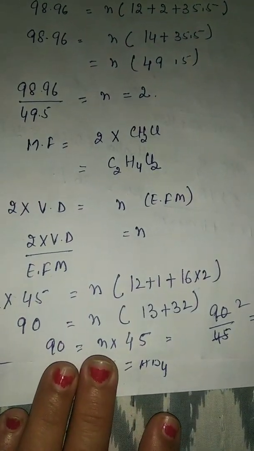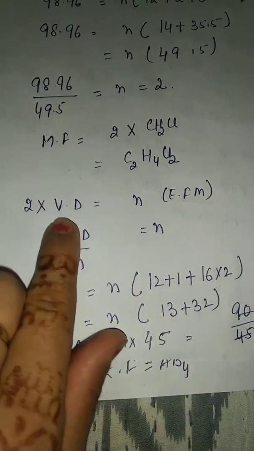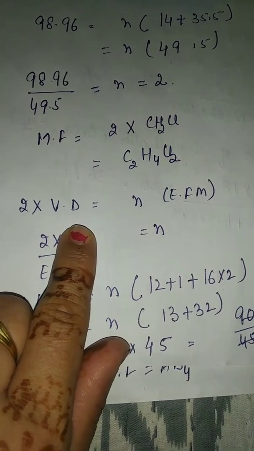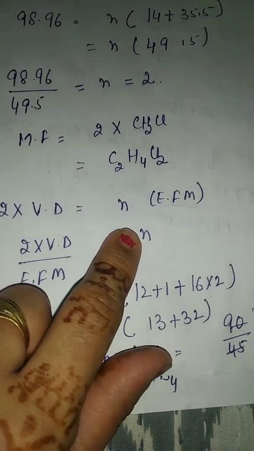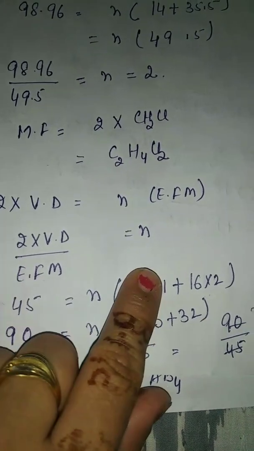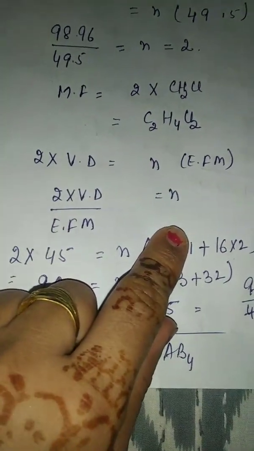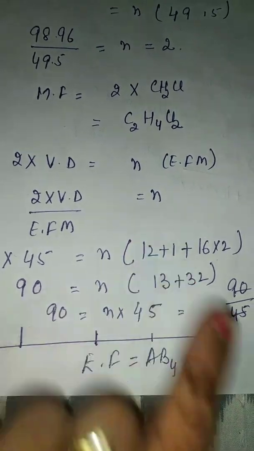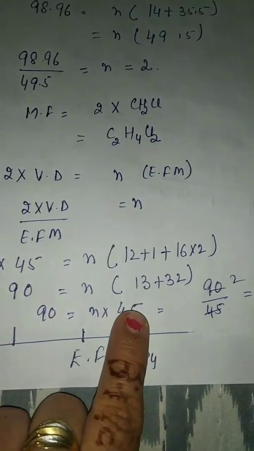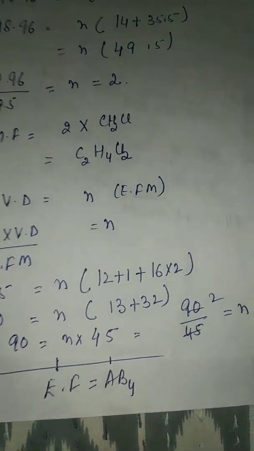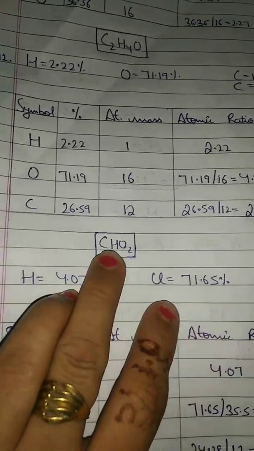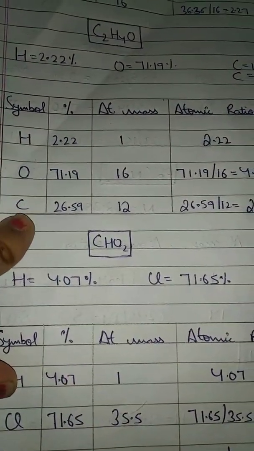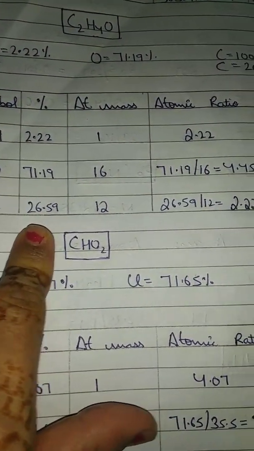Second way to calculate molecular formula is from vapor density, that is 2 into vapor density is equal to n into empirical formula weight. So from here we will calculate the value of n. After calculating n, we will multiply it with empirical formula. For example, in question number 12, first we will find out the empirical formula. Hydrogen, oxygen and carbon percentage are given to us.